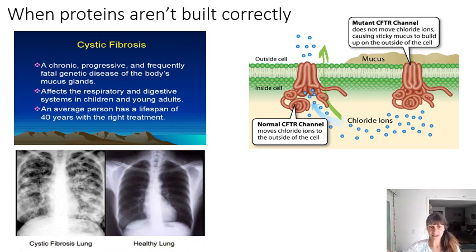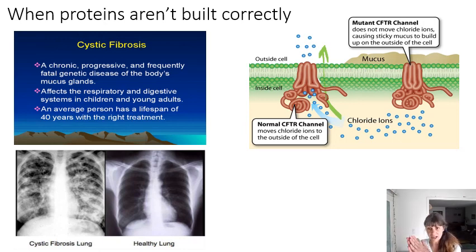So this is a genetic disease of the mucus glands in the body. So if the chloride ions cannot be pumped out, what happens is a really thick, sticky mucus starts building up on the outside of the cell.